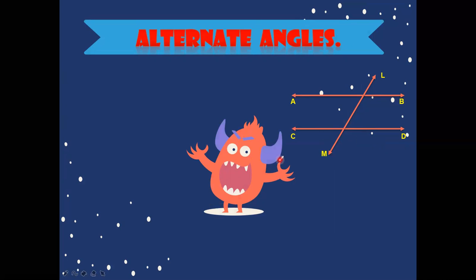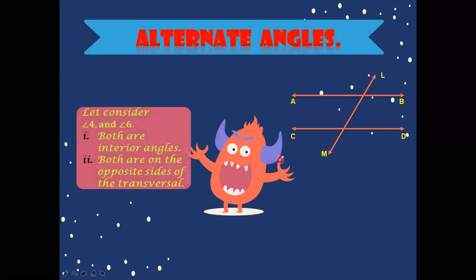Now let's consider angle 4 and angle 6 first. This one is angle 4 and this is your angle number 6. What you can say is that both are interior angles because they lie inside the parallel lines.